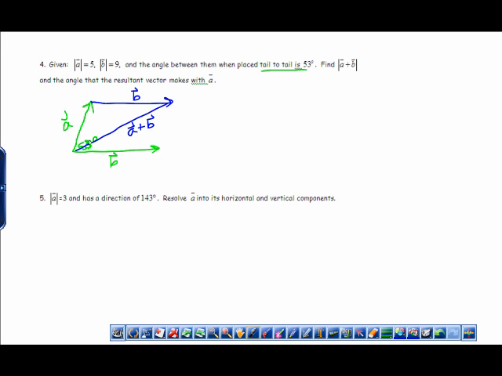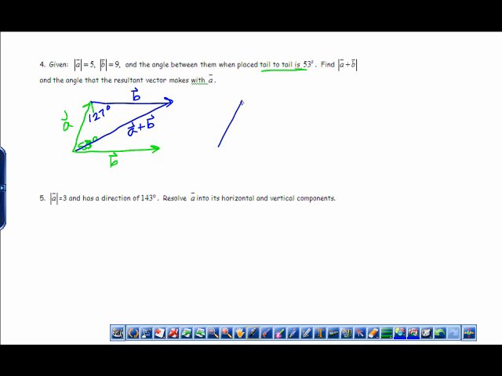It may in a specific instance be a rectangle or something else, but we know for sure it's got to be a parallelogram because these B's are parallel. So think about consecutive angles on a parallelogram. This angle up here has to be supplementary to 53. So that angle has to be 127 degrees.